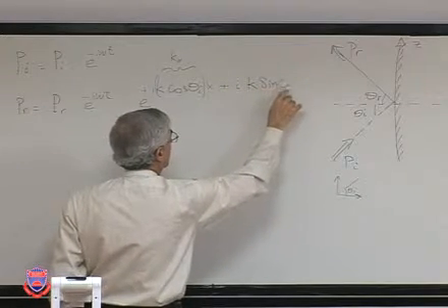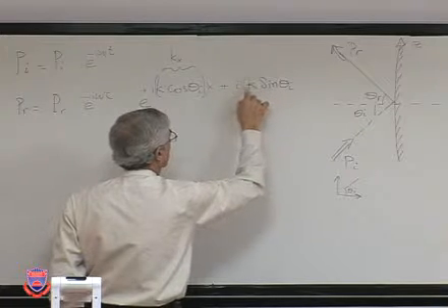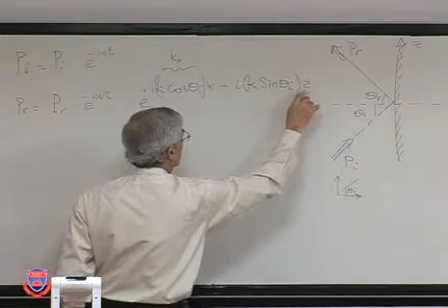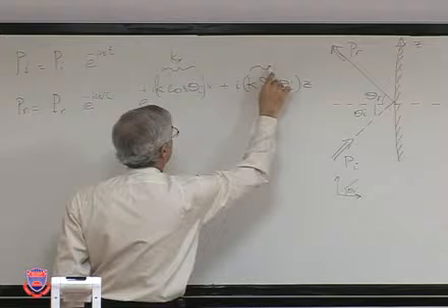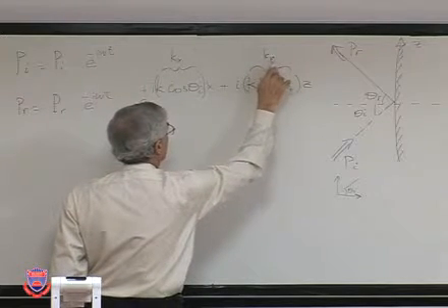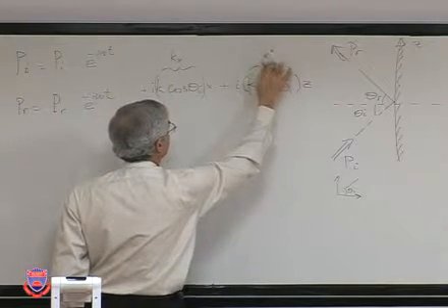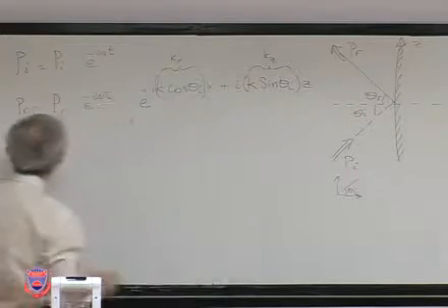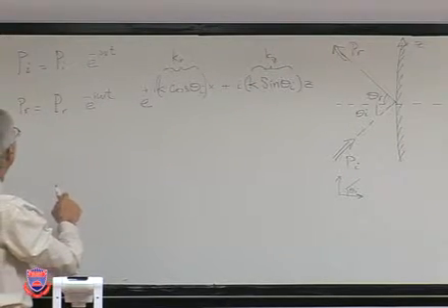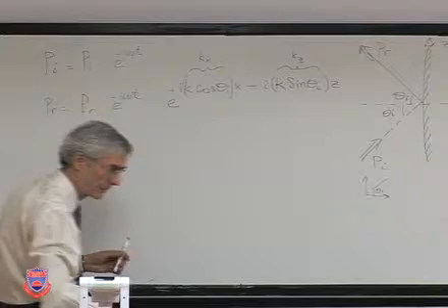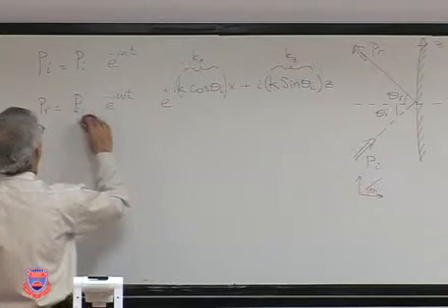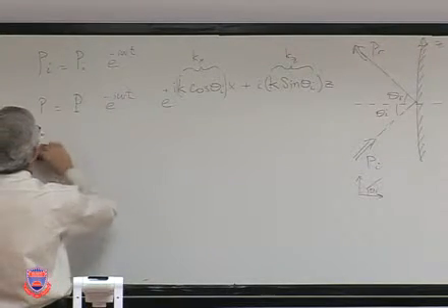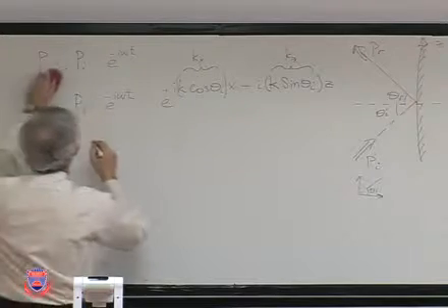Sine theta i in the z direction. And this is, of course, k sub z. Now let's go back, that was supposed to be pi here. I wrote it in the wrong place. Okay.